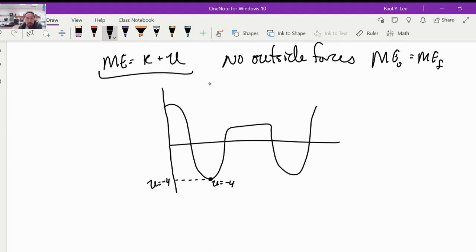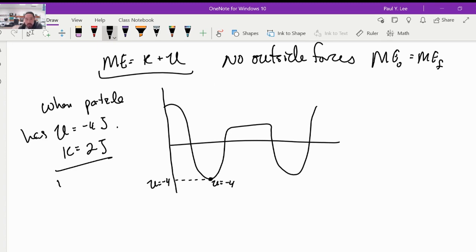So let's say you have a problem, and the problem says when the particle has U equals -4 joules, the particle has a kinetic energy of 2 joules. Okay, so in this case, when you're given the potential and the kinetic, the first thing that you should do is figure out the total energy of the system. So the total energy of the system would just be U plus K. And in this case, it'll be -4 plus 2, which gives us a total energy of -2 joules.